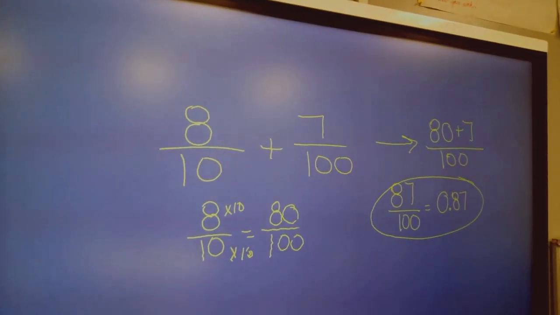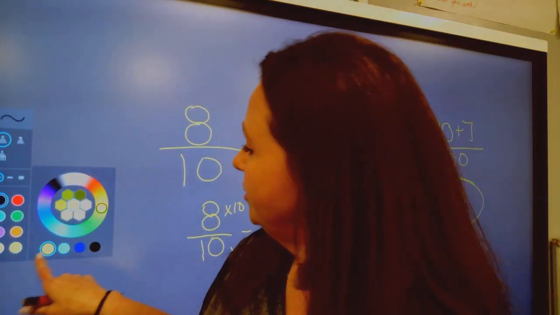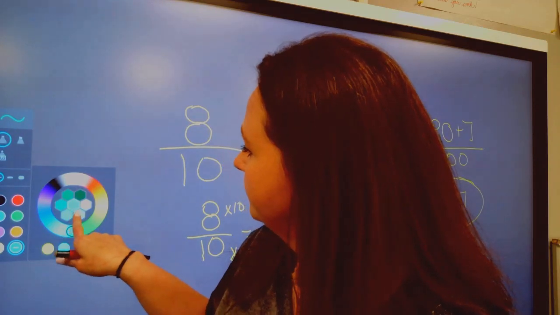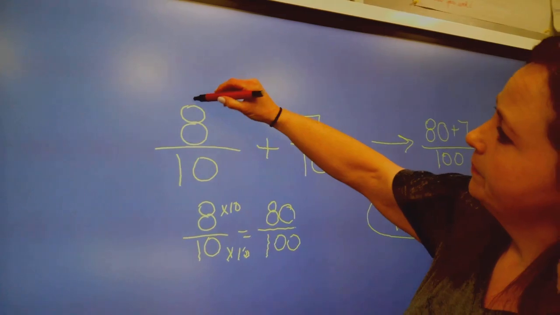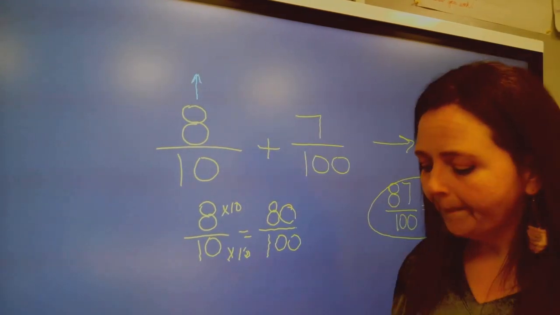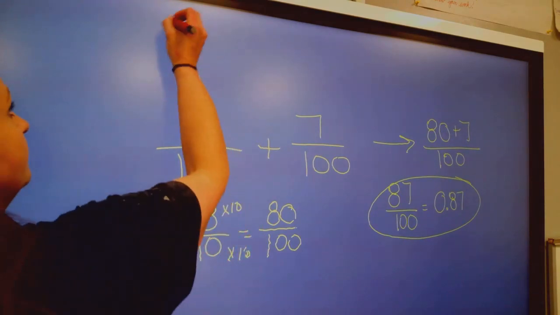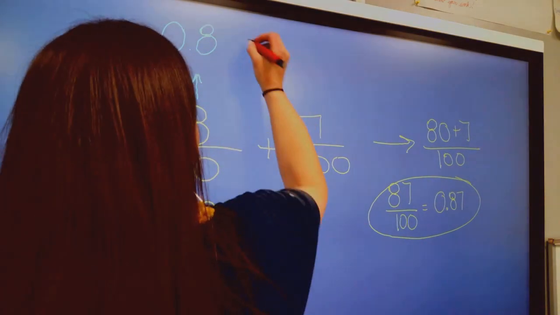All right, now let me show y'all this, which I think is kind of interesting too. So this is another strategy you can use if you get kind of stuck. Okay? So 8/10. What does that look like as a decimal? Oh wait, I just realized that's an 8.